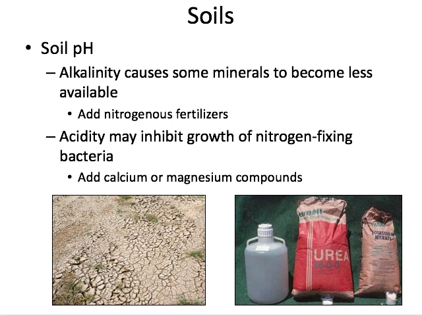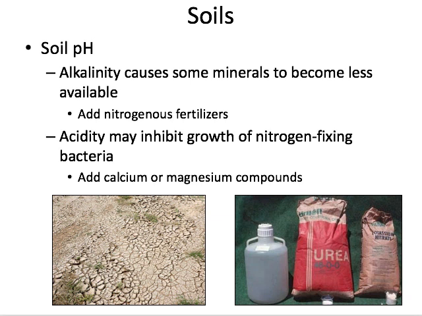Now, sometimes soils do get out of balance and their pH gets affected. Now, if a soil gets too basic or too acidic, we can add chemicals to the soil to help balance it out. So basic or alkaline soils can be balanced by adding nitrogen, and acidic soils can be balanced by adding calcium or magnesium.